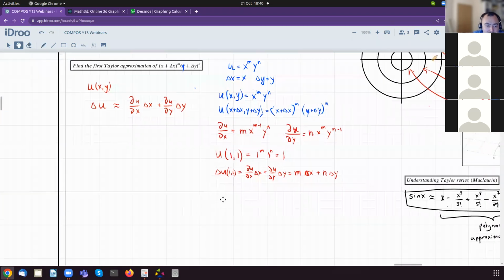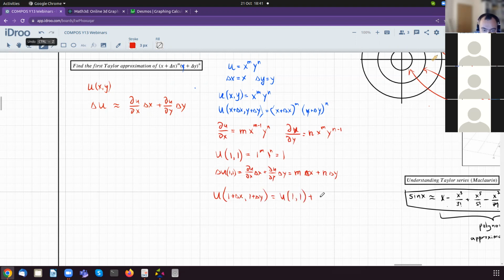So that's that. So we have u at the point 1 plus delta x, 1 plus delta y, is equal to u of 1, 1 plus delta u, which is m delta x plus n delta y.